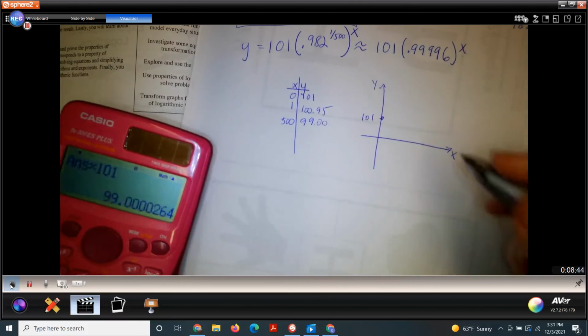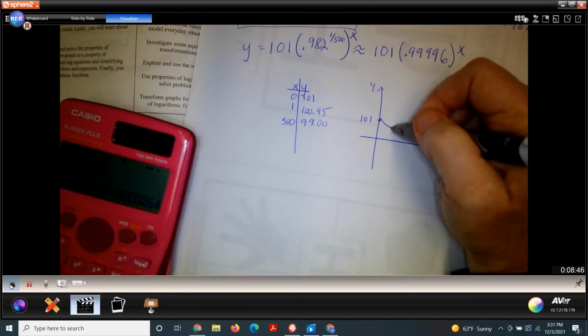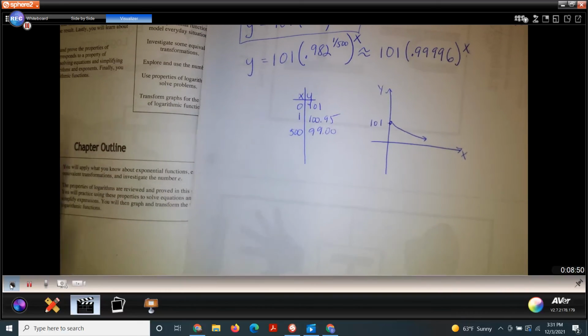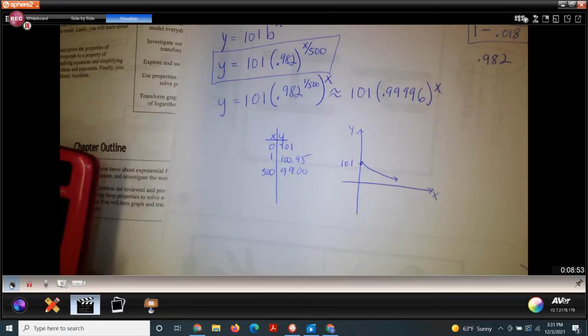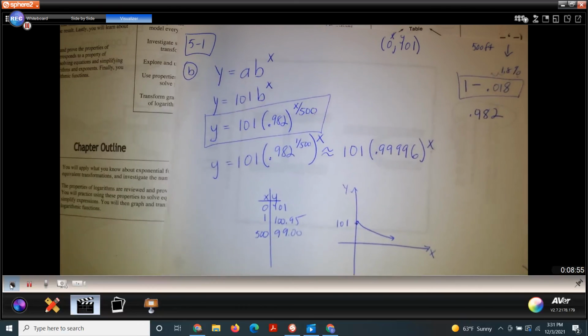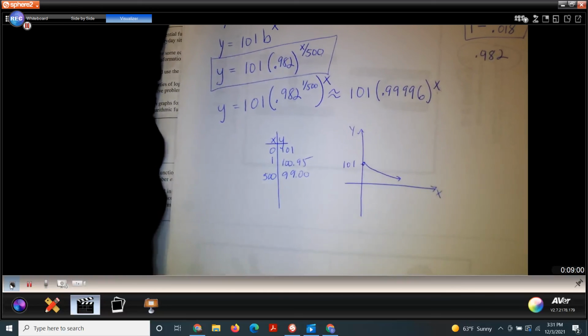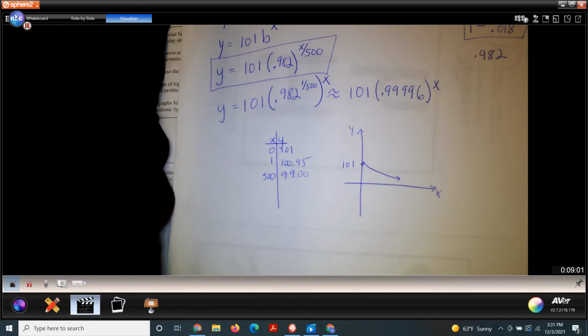So it's not going down very steeply, but you can just show that it's going down. Probably not the most realistic graph. Okay, we're at about 9 minutes, so I think I'll do the next one on a different video.